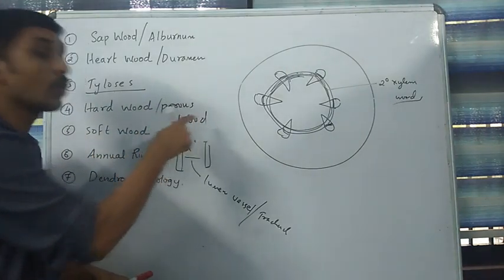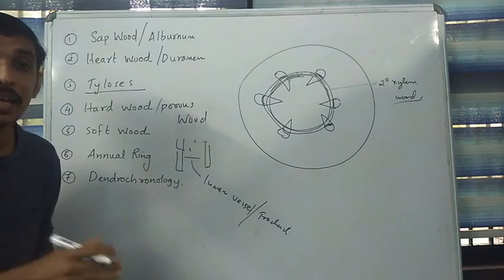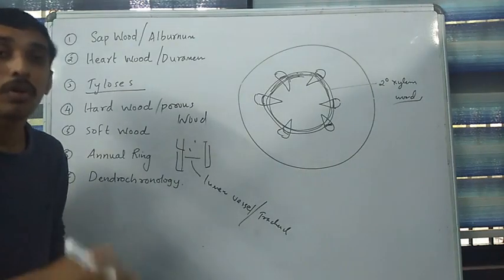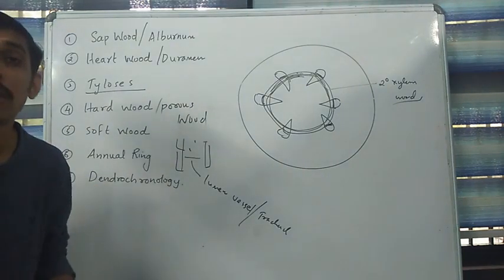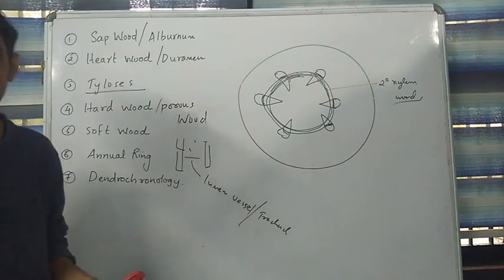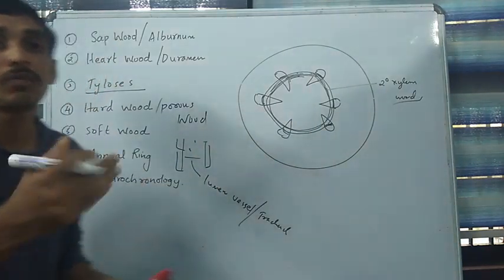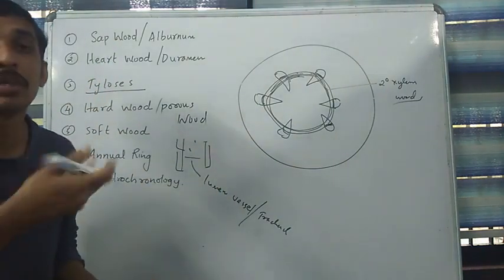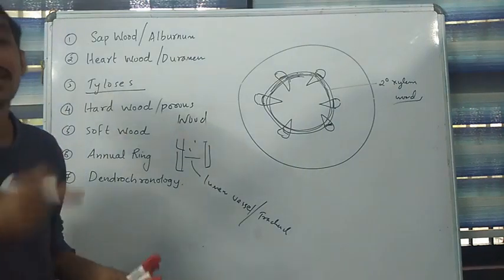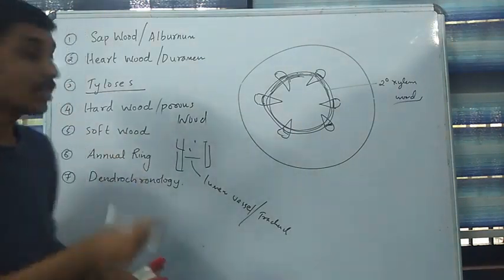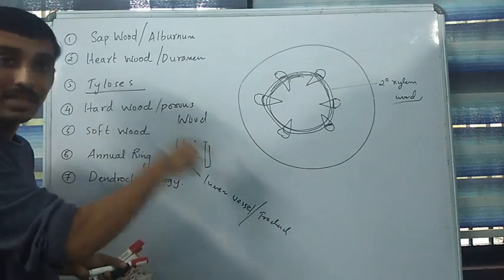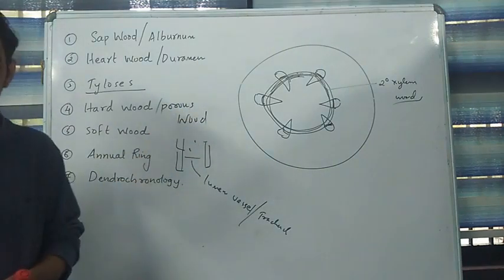It is also called porous wood because dicot xylem tissue or wood contains numerous xylem vessels. When we take the cross section of that xylem, you can see numerous pore-like structures that indicate the presence of xylem vessels. Due to the presence of xylem vessels, it is called porous wood.